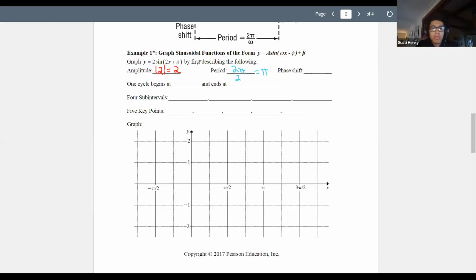Oh, is it pi? It is, but it's actually a negative pi, because if you see here, we have a positive. Then in the form, it should be a negative. So we're going to go with a negative pi over 2. And I guess I should let you guys know that is a fraction bar.